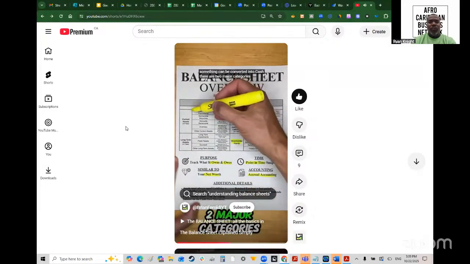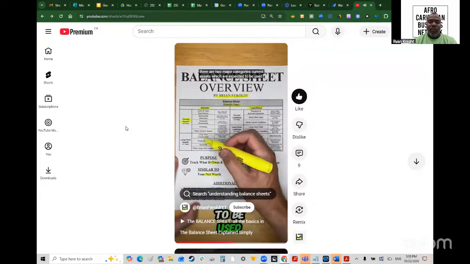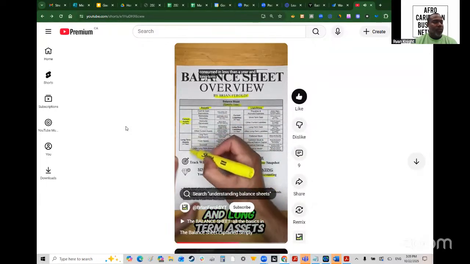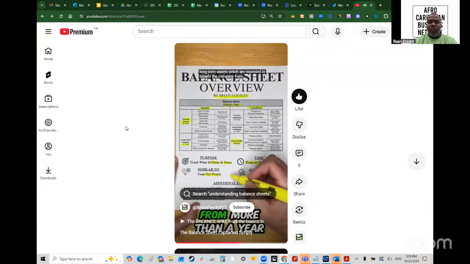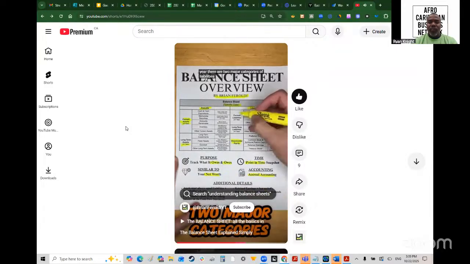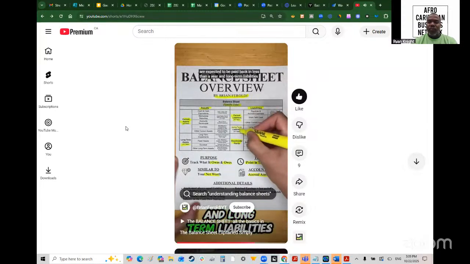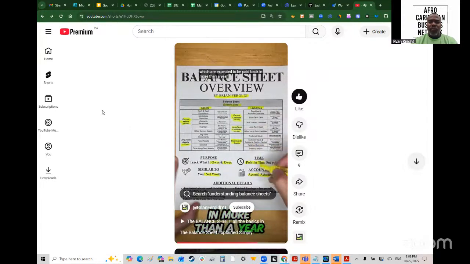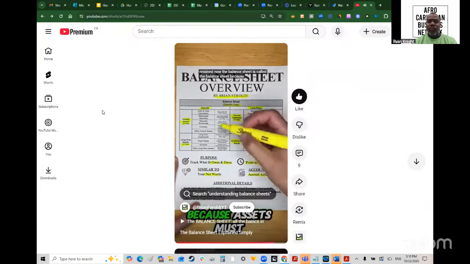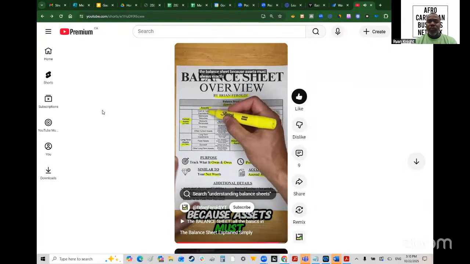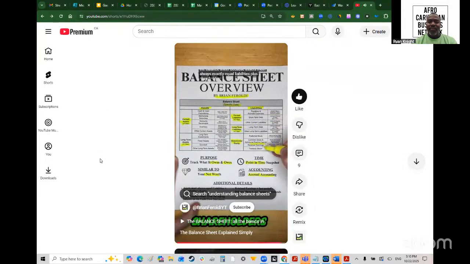There are two major categories: current assets, which are expected to be used or consumed in less than a year, and long-term assets, which are expected to benefit the company for more than a year. There are two major categories of liabilities: current liabilities, which are expected to be paid back in less than a year, and long-term liabilities, which are expected to be paid back in more than a year. Finally, there's shareholders' equity, which is the amount of capital that investors have put into the business and the business has retained. Now, the balance sheet is called the balance sheet because assets must always exactly equal liabilities plus shareholders' equity.